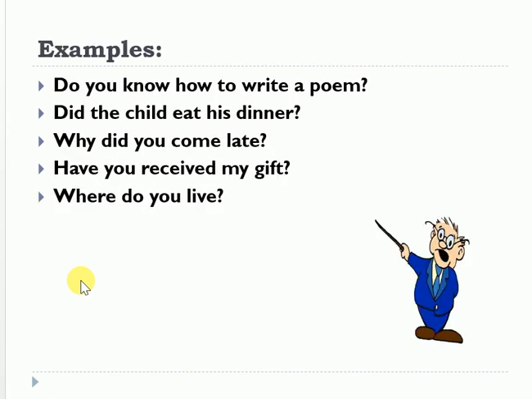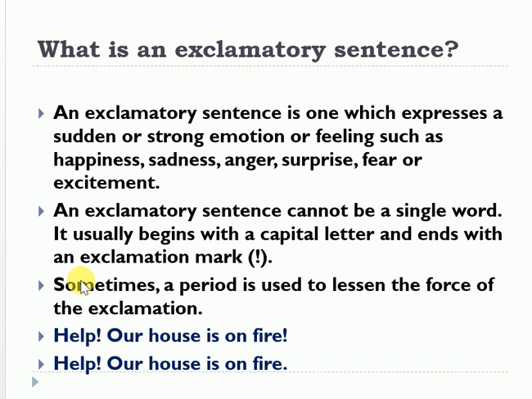So I should move on. What's an exclamatory sentence? An exclamatory sentence is one which expresses a sudden or strong emotion or feeling, and that emotion or feeling could be of happiness, sadness, anger, surprise, fear, excitement, regret, and so on.